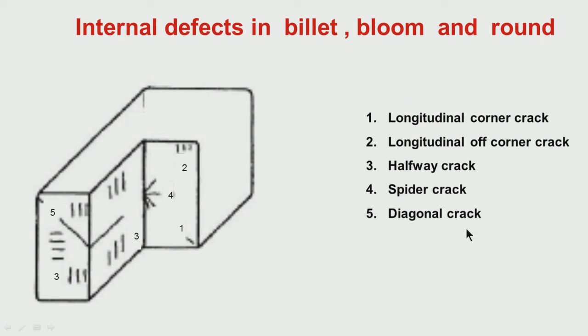So, diagonal internal crack. Then I have mentioned you can have a crack at the central location. So, you call it a centerline crack or central crack or central segregation or centerline segregation. So, these are the internal cracks. Earlier I have mentioned the surface cracks. Now, I am talking of the internal defects in billet, bloom or round.